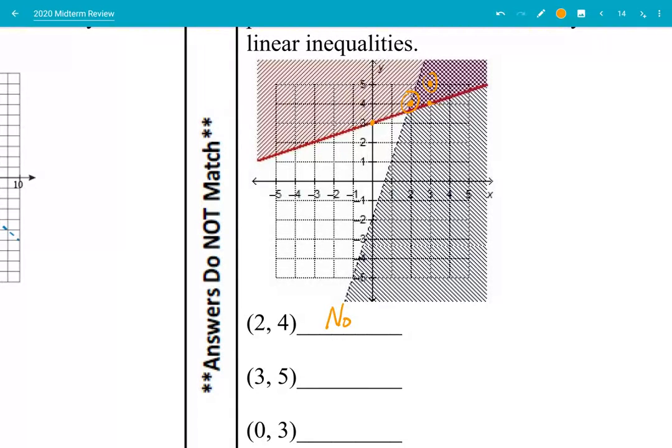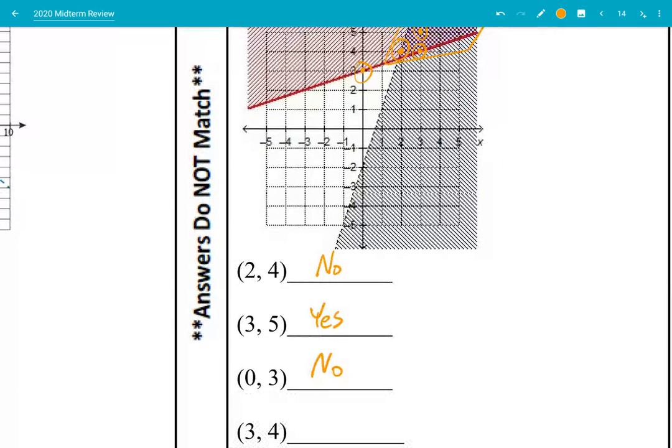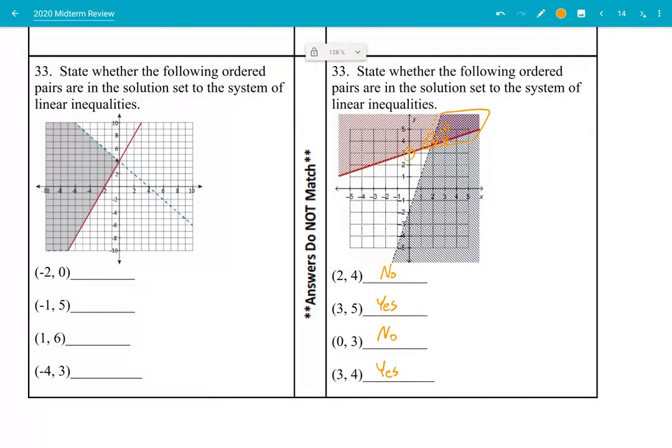That's this one. That one is in the solution set. How about 0, 3? That one is not. That one's way out here. It's not in this area here. So that's a no. What about that last one? This one right here? That's on a solid line on the edge of the solution set. So that is in the solution set.